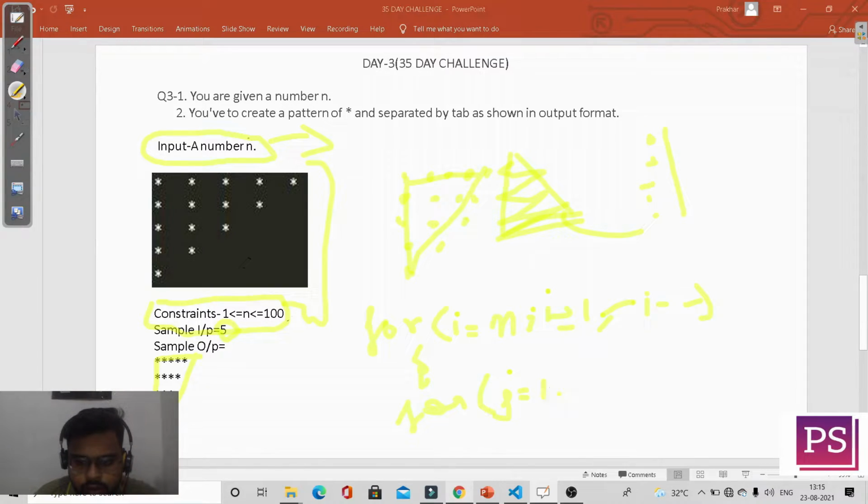For j equals to 1, j less than or equal to i, j plus plus. Now just focus, and then print a star.